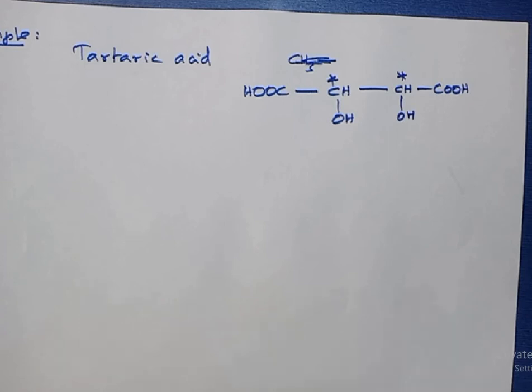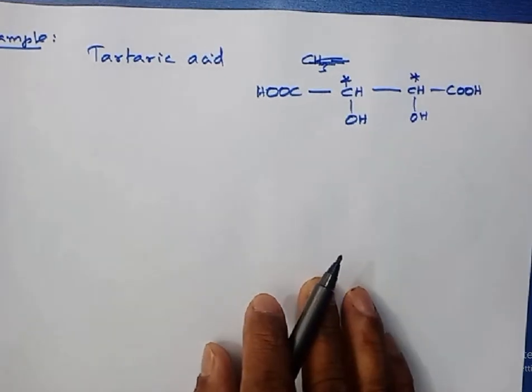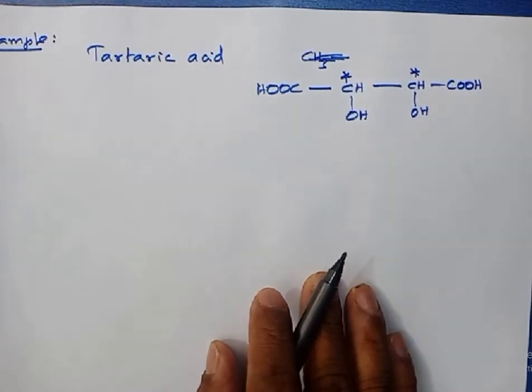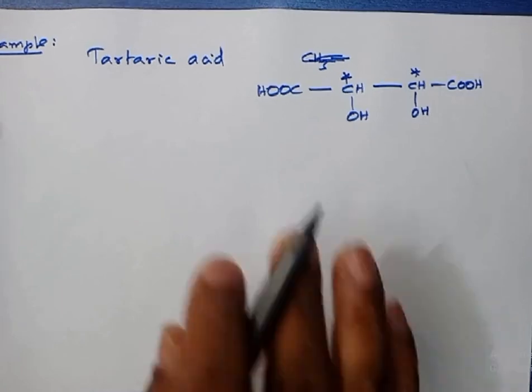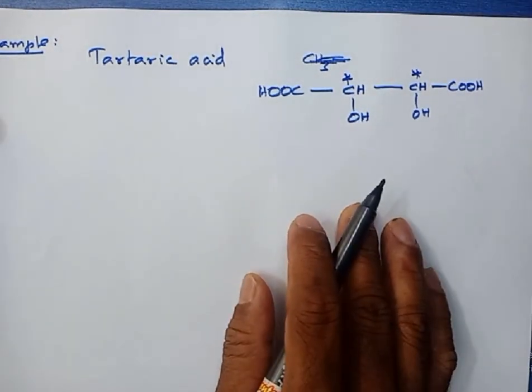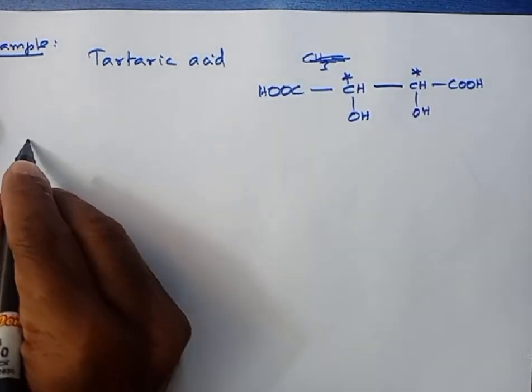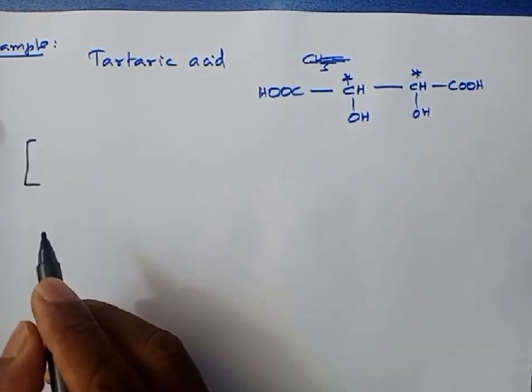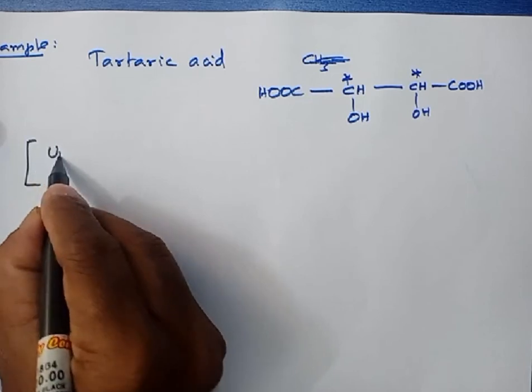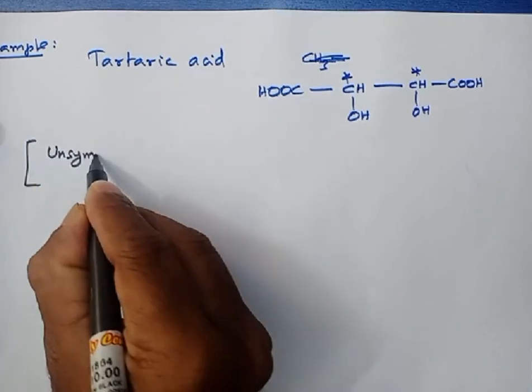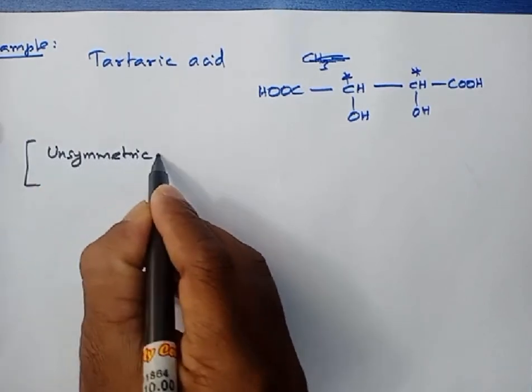Now, students, you know very well, whenever a molecule contains n chiral carbon atoms, here we have two. Suppose I take n chiral carbon atoms. In the case of an unsymmetrical molecule, I'll tell you what's the meaning of this.